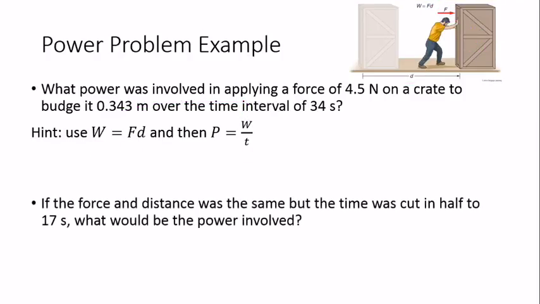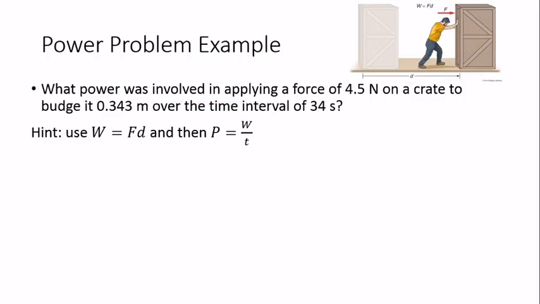Okay, so let me back up. Let's go ahead and work this. I think I'm going to break it out. So work is equal to force times distance. The force is 4.5 newtons times a distance of 0.343 meters. 4.5 times 0.343.